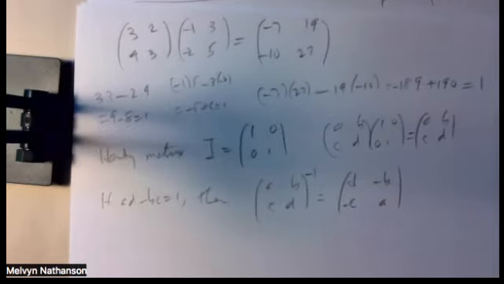The inverse is a little bit tricky. If AD minus BC is equal to 1, and I have the matrix A, B, C, D, the inverse is going to be, I think, D, minus B, minus C, A. Why would that be true?